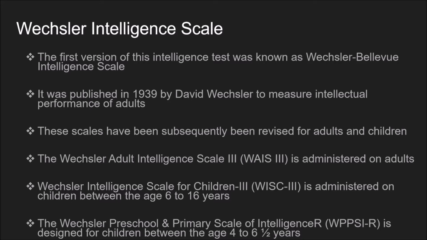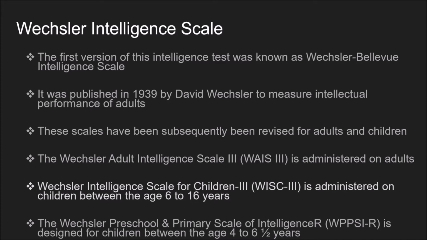Wechsler Intelligence Scale. The first version of this intelligence test was known as Wechsler-Bellevue Intelligence Scale. It was published in 1939 by David Wechsler to measure intellectual performance of adults. These scales have subsequently been revised for adults and children. The Wechsler Adult Intelligence Scale 3, or WAIS-3, is administered on adults.